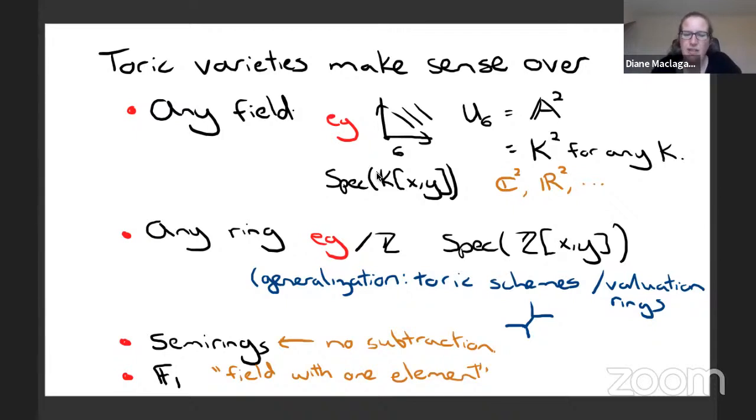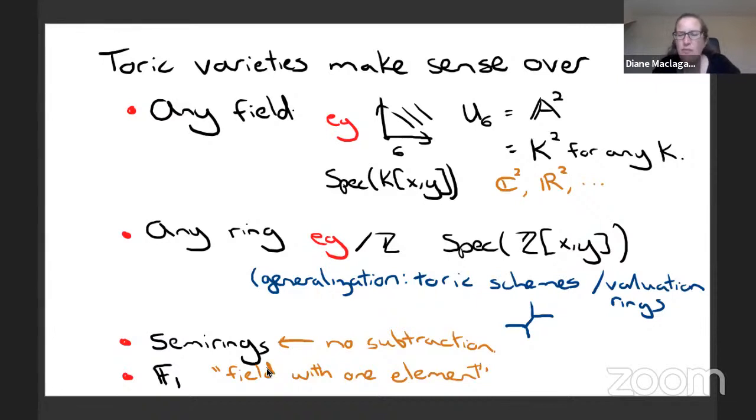That actually means that not only do we not need division in a field, we can pass to a ring. Turns out we really don't need subtraction that much either. So we can pass to a semiring. A semiring, as I'll say more about on the next slide, is more or less a ring without subtraction. If you take that to the limit, and I'll wave my hands at this in a few slides, we can even pass to the field with one element, F1.